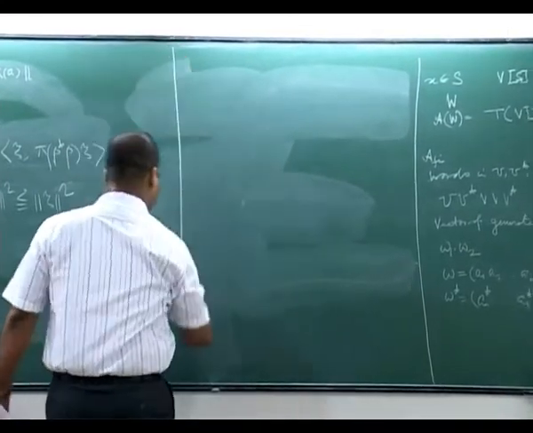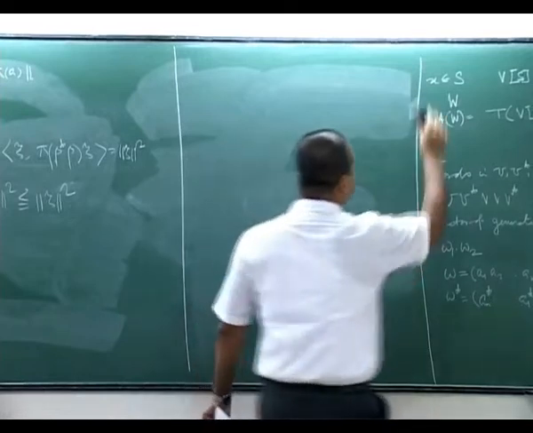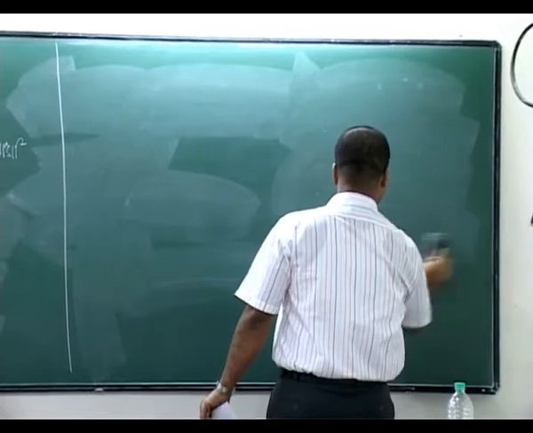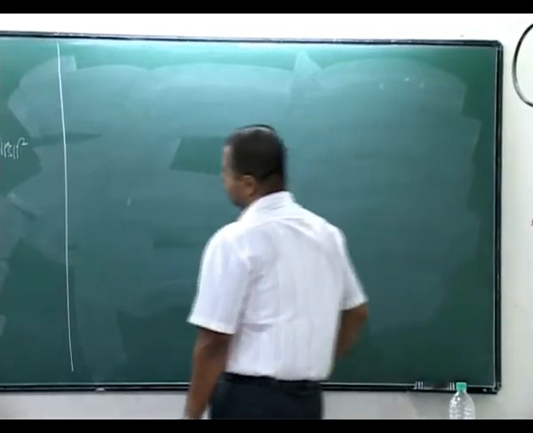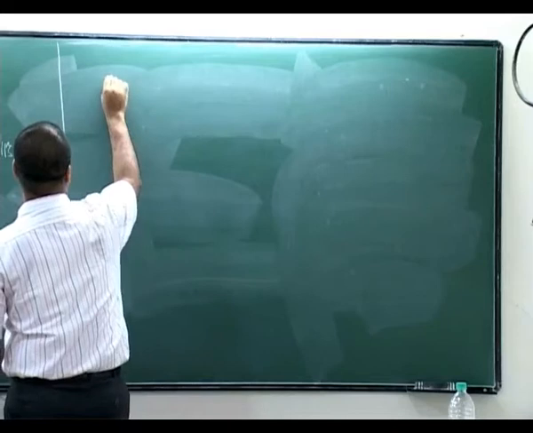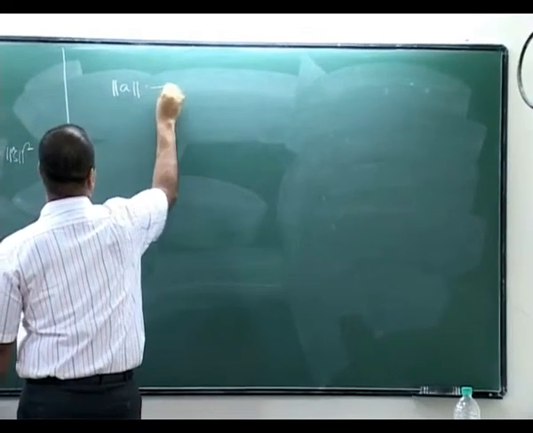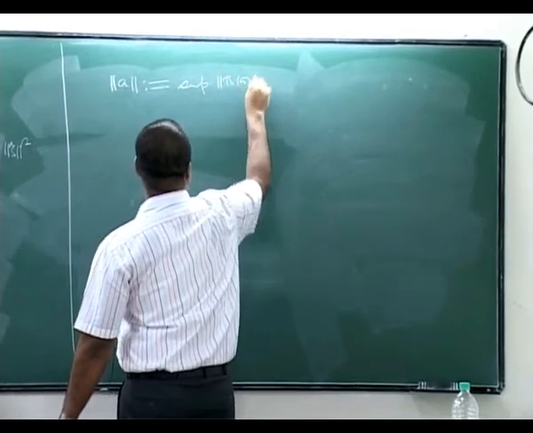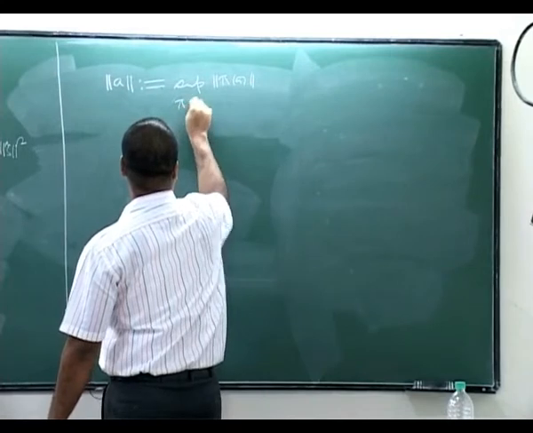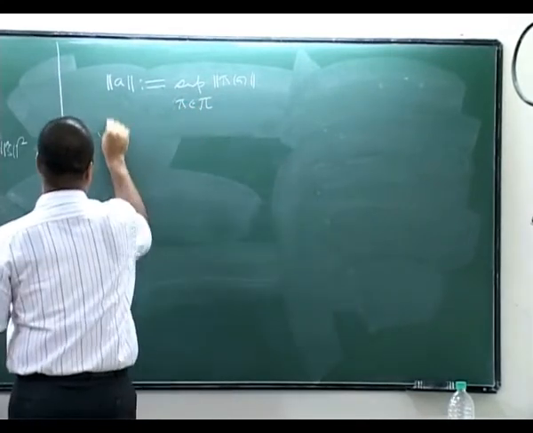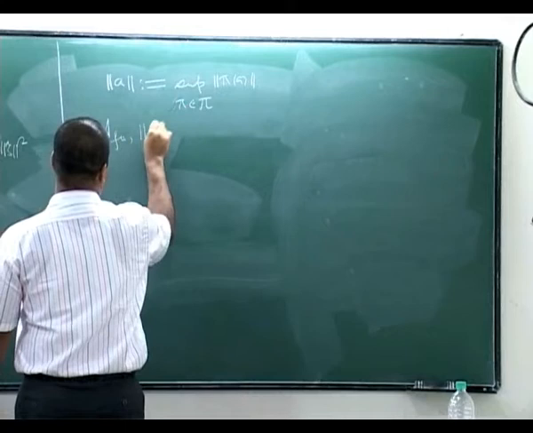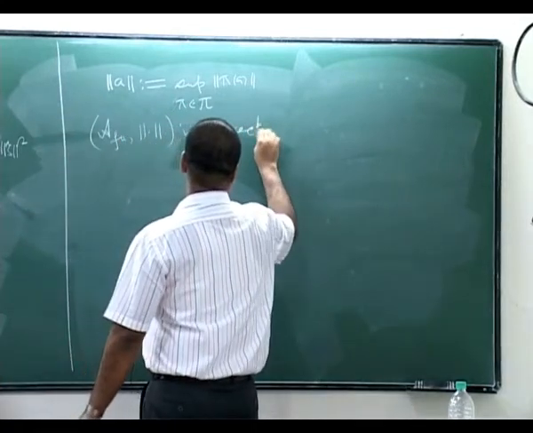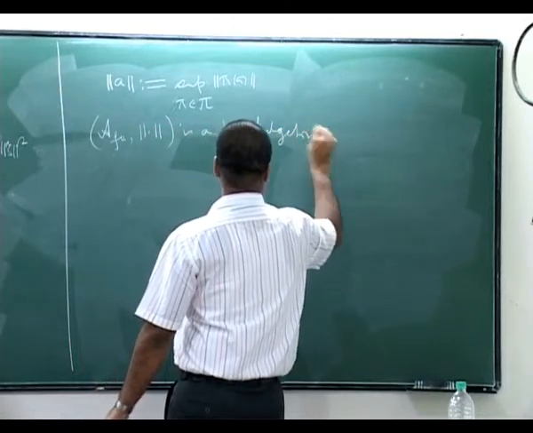So now I can define norm like supremum pi A. Pre-sister algebra means it is like a star algebra with a norm with the sister identity.